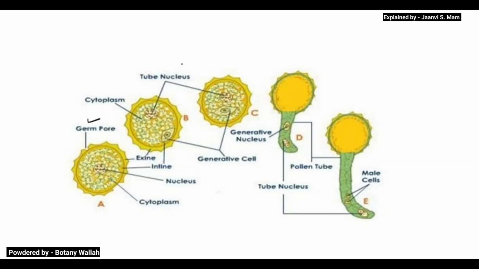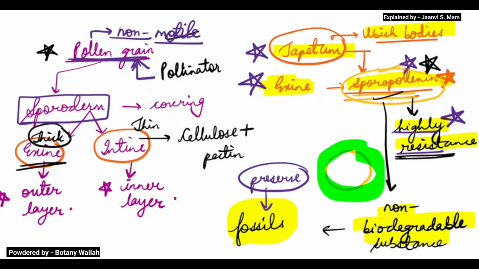You can see tube nucleus, which means the vegetative cell nucleus. Then you can see pollen tube formation here. You can see tube nucleus, male gametes and all. So this is entirely about microsporogenesis, which I have taught.